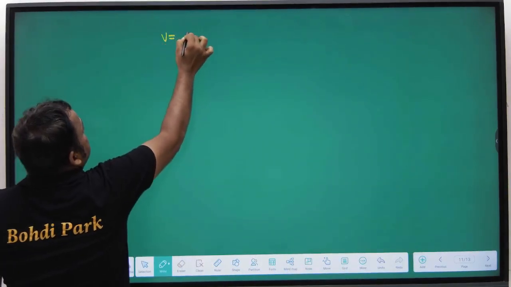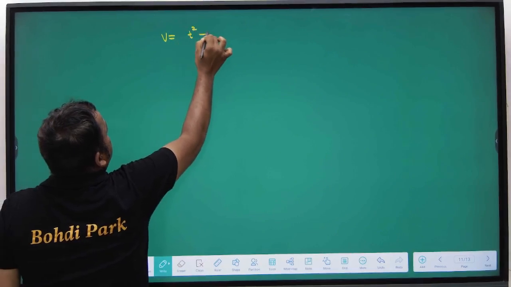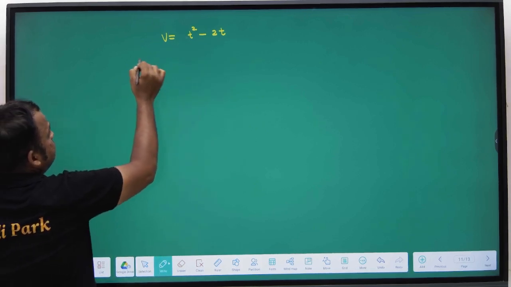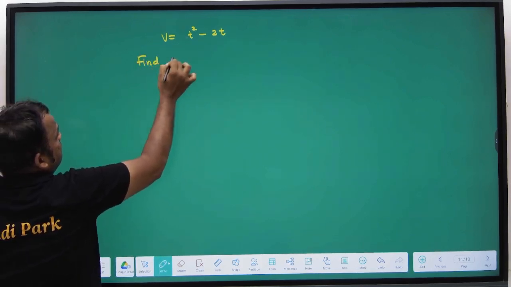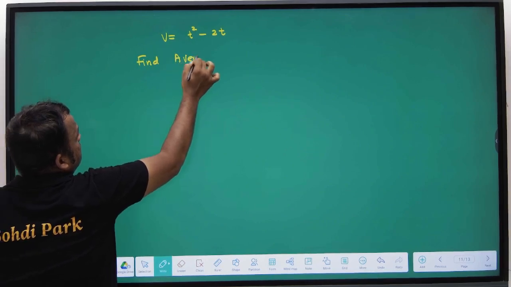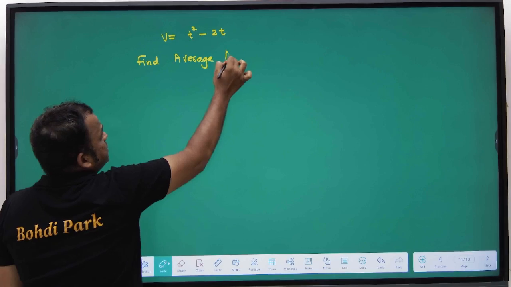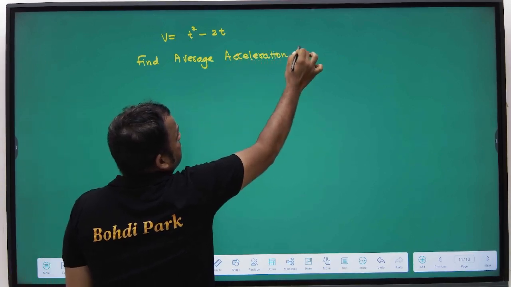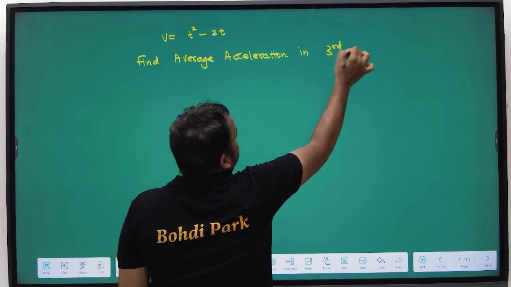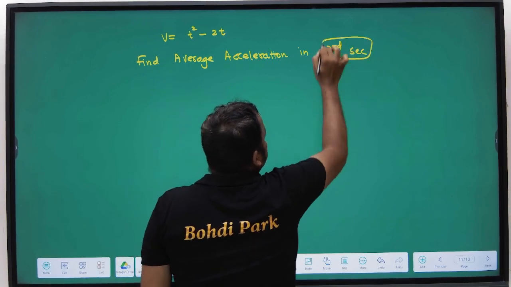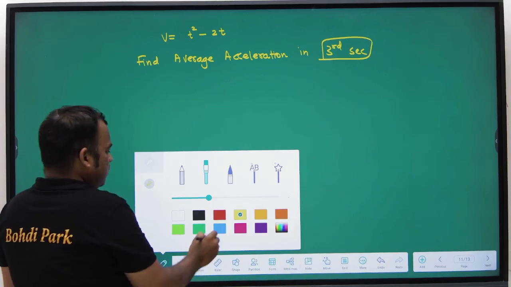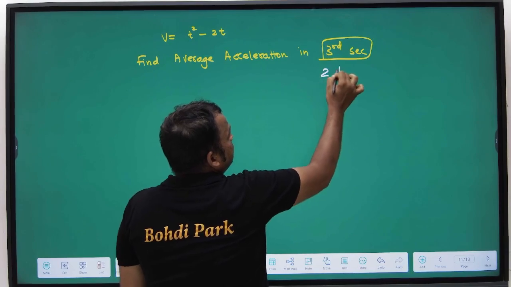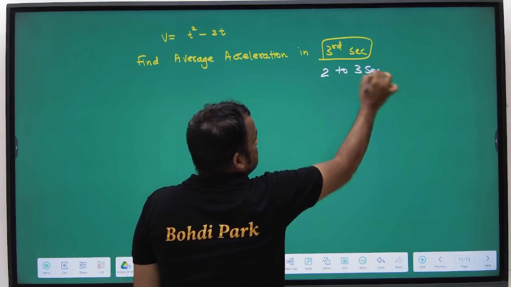If we say v is equal to t square minus 2t, find average acceleration in third second. What do you mean by third second? It means 2 to 3 second.